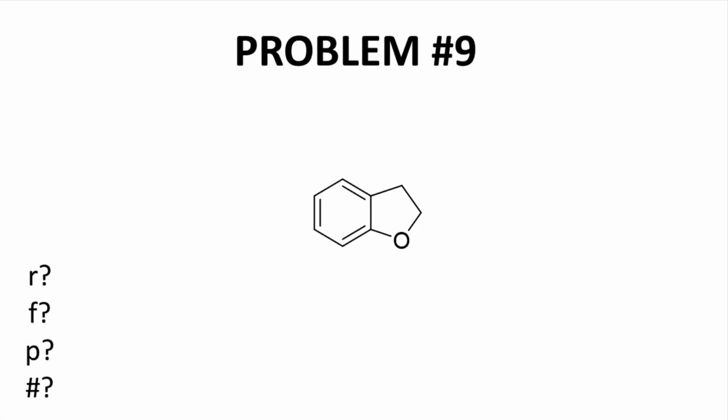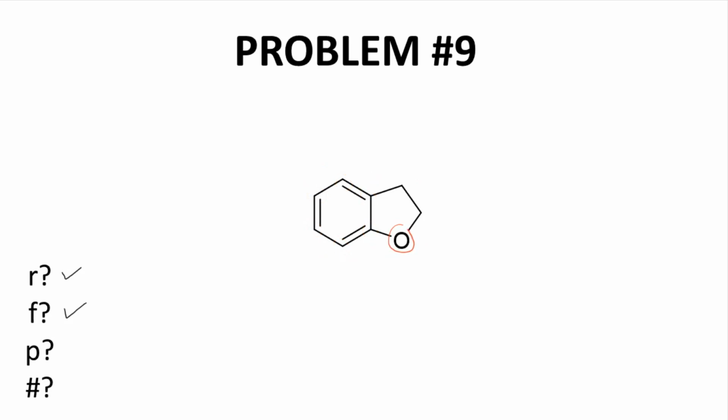Okay, problem number 9. Now we have this bigger ring, and the question is, what can we do with this bigger ring? Do we have a big ring? Yes, we do. Is it flat? Sure. Does every atom in the ring have a p orbital? Well, all these carbons are good.